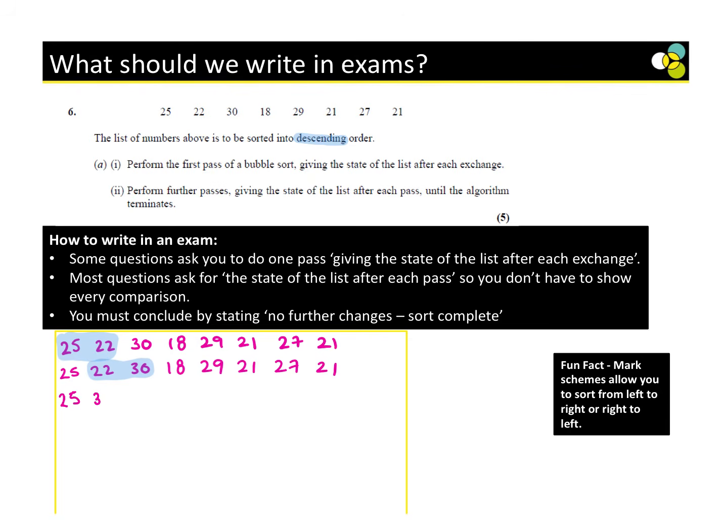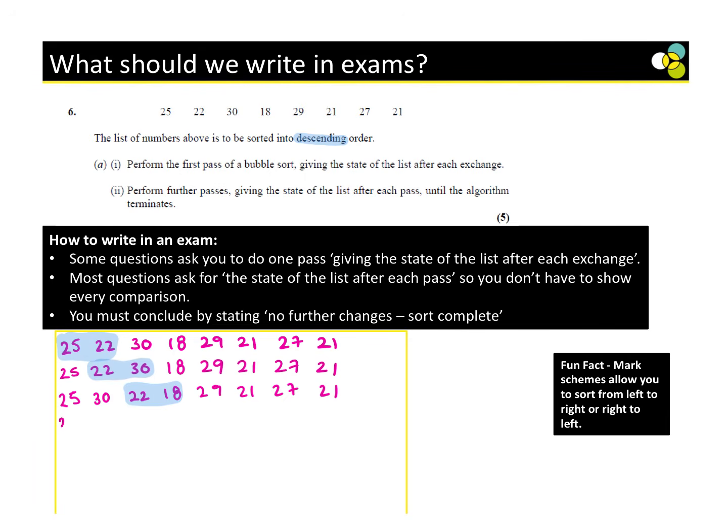25, 30, 22, 18, 29, 21, 27, 21. Okay, we're now looking at 22 and 18. There is going to be no swap.